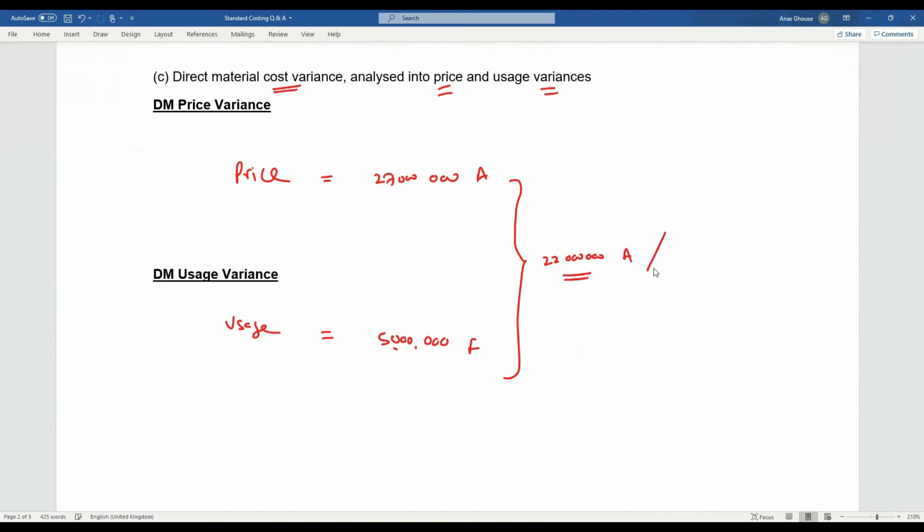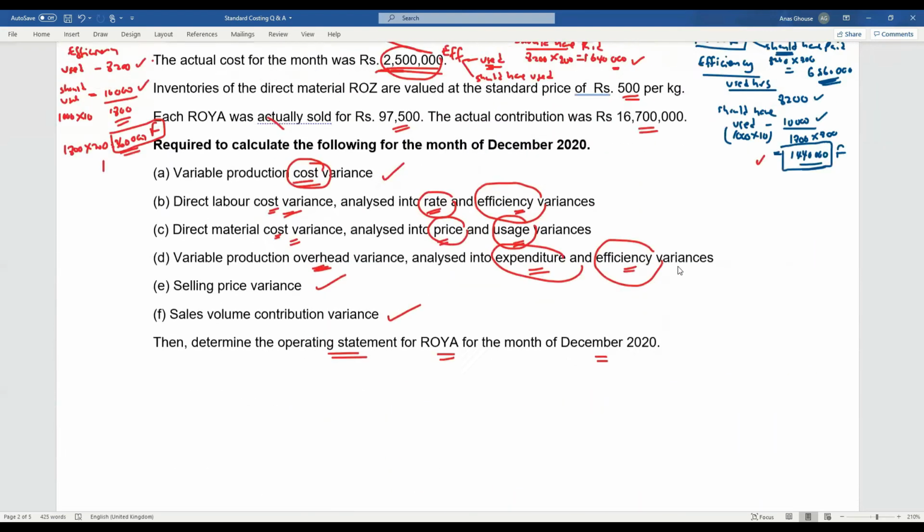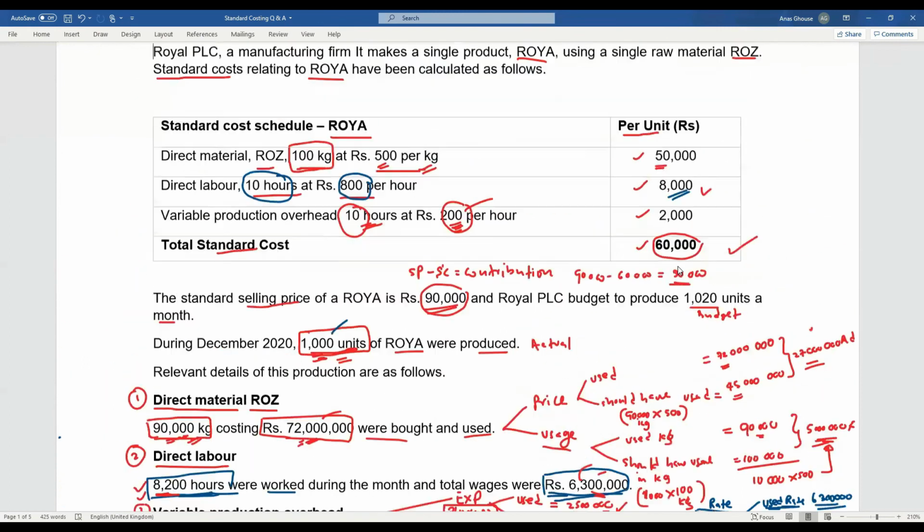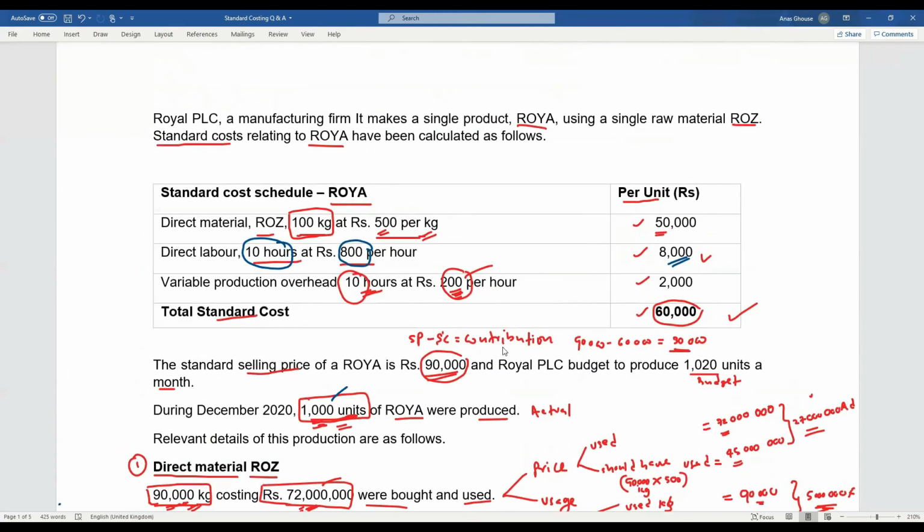So how do you calculate this? You just compare how much you have paid, 72 million, against how much we should have paid for 1,000 units.